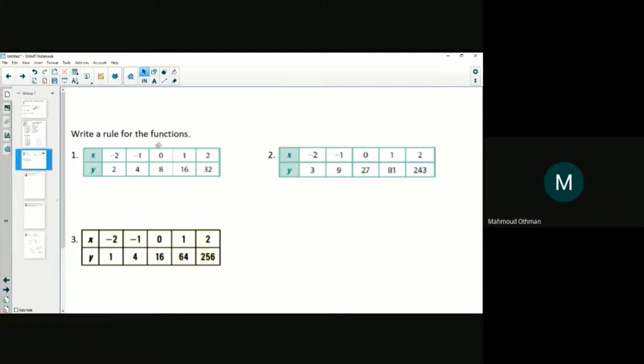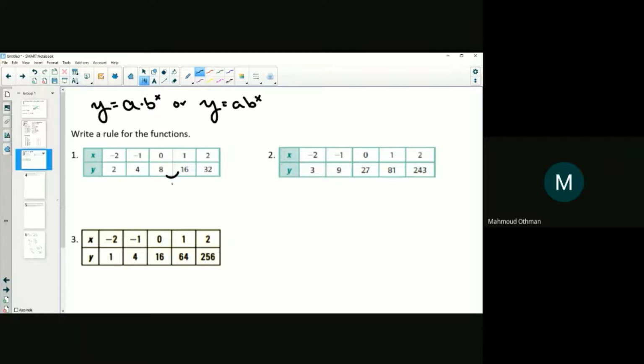So to do that in the function rule, we know that it's a function in the form of y equals a times b to the x, or y equals ab to the x. So what I do is I look for the pattern first.